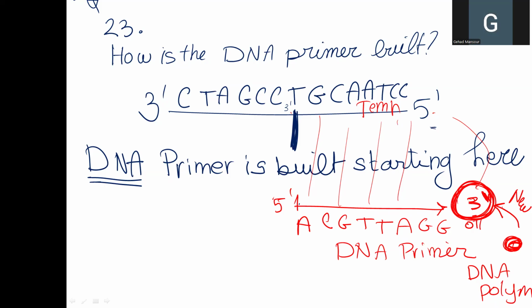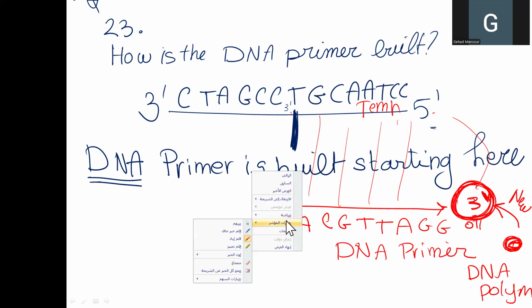So this is again how the DNA primer is being built. If we draw again the diagram of the replication bubble, and this would be question 24, to show the position of the DNA primers on the DNA molecule, because in a replication bubble, you will have two DNA primers.